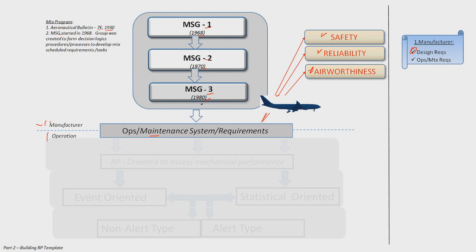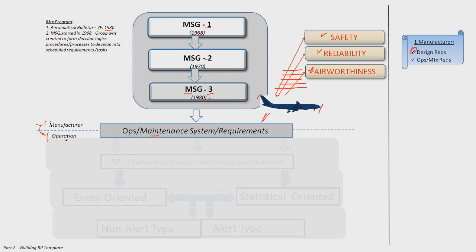And what they are doing is taking different types of analysis: MSG analysis, safety analysis, reliability analysis, airworthiness analysis, human engineering analysis, maintainability analysis, and applying them to the product, to the aircraft, starting from the tail and ending at the nose, starting at aircraft level, system level, subsystem level, part level, item level.